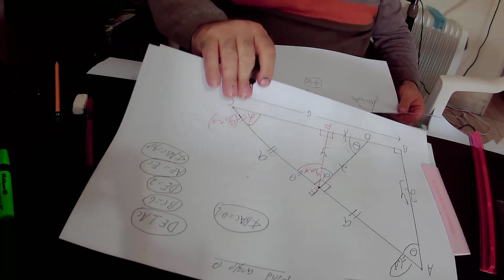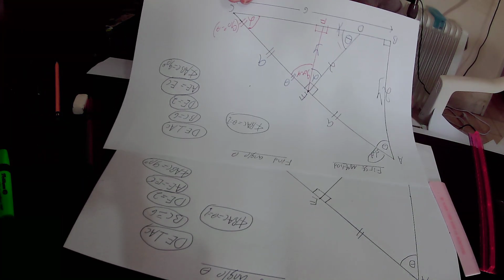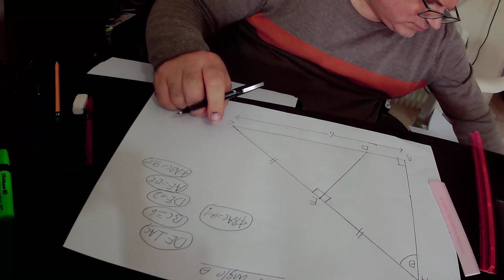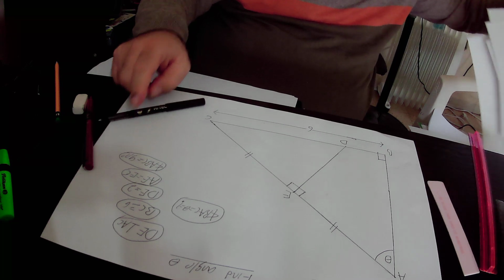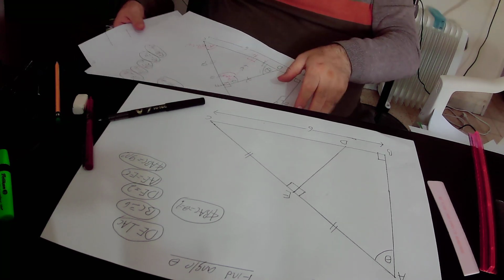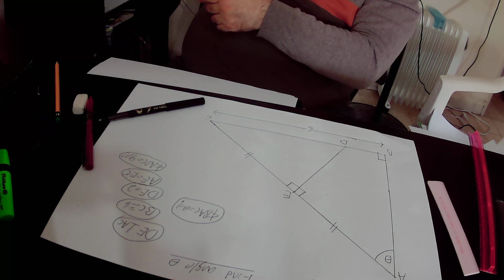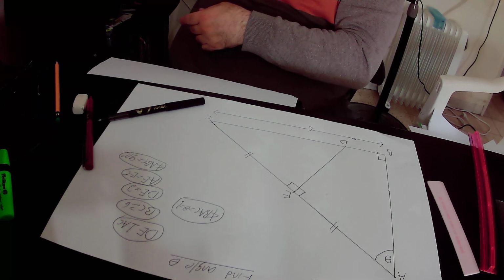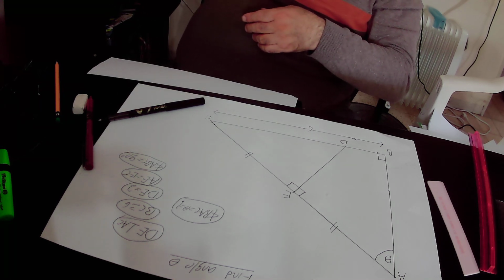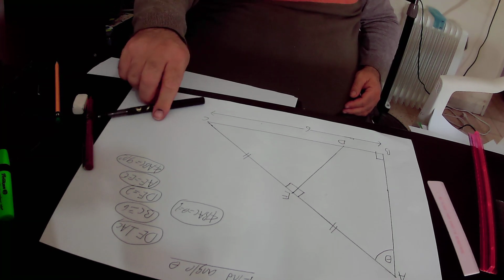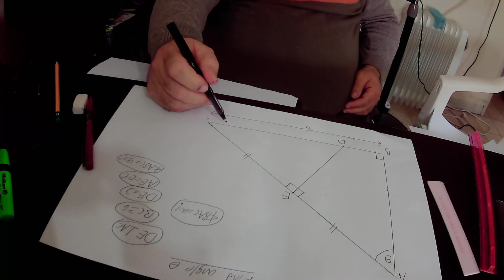In the next step I will present to you a second method to find the size of angle theta. We will define angle ACB as alpha.